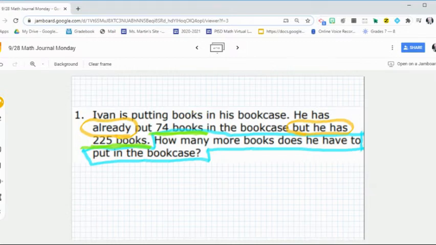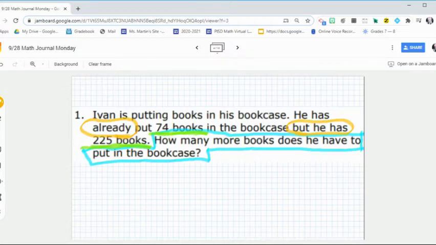So he already, in the past, he put away 74 books, but he has 225 books. So this tells me, but he has a lot of books, but he's only put 74 books away.